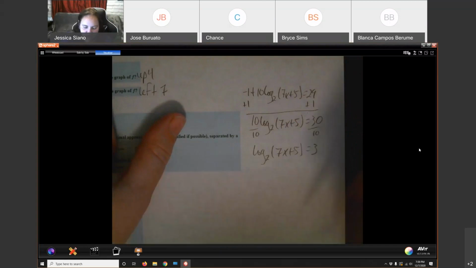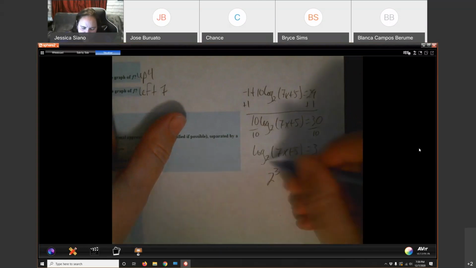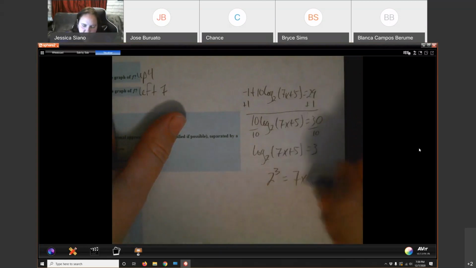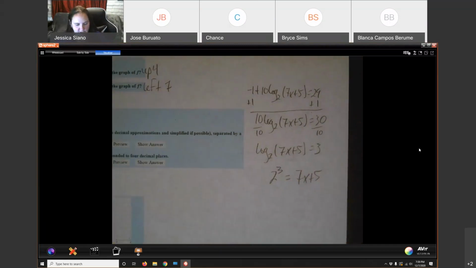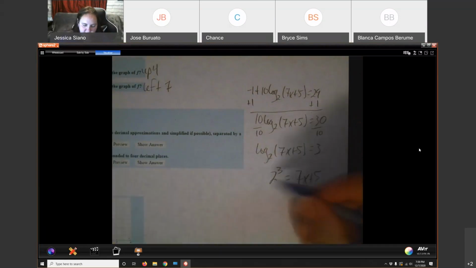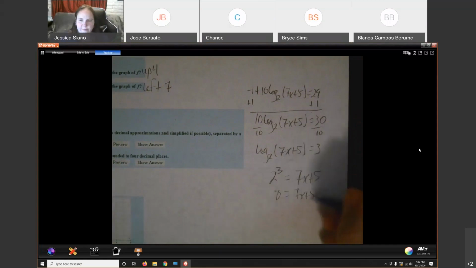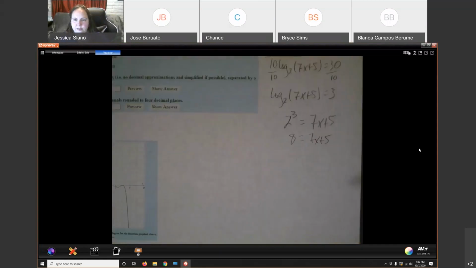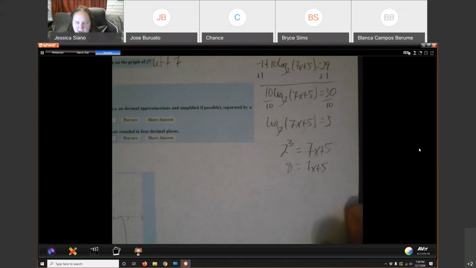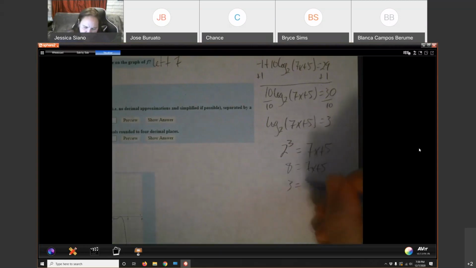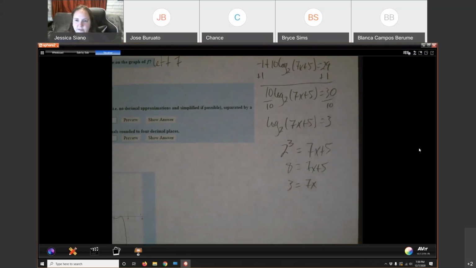And then we'll turn this into an exponential. So 2 to the 3rd equals 7x plus 5. And then 2 to the 3rd is 8. Subtract the 5. And divide by the 7.